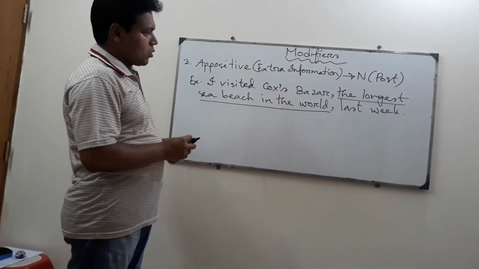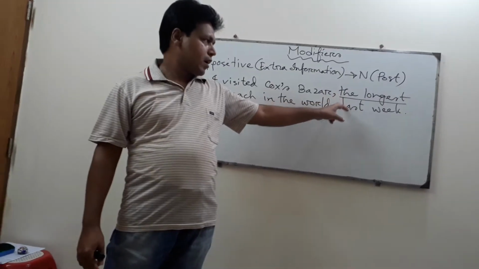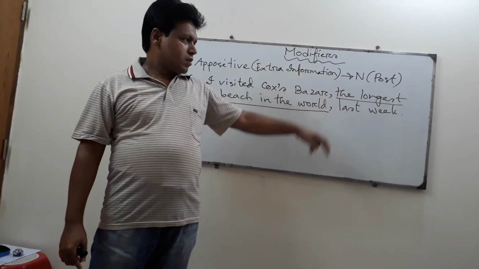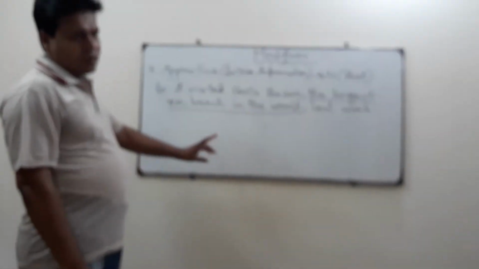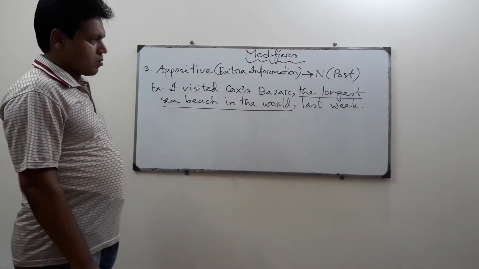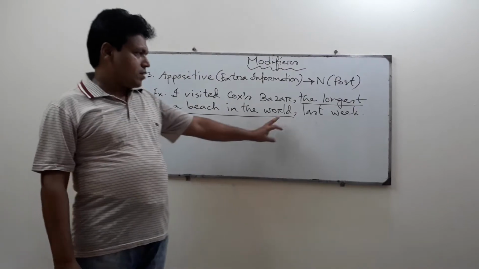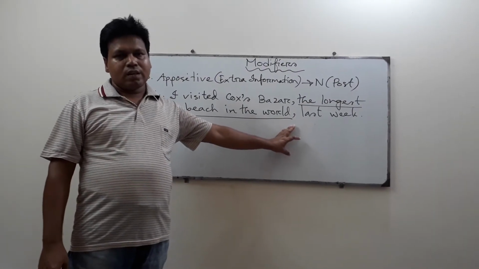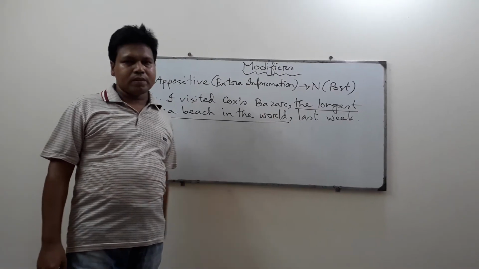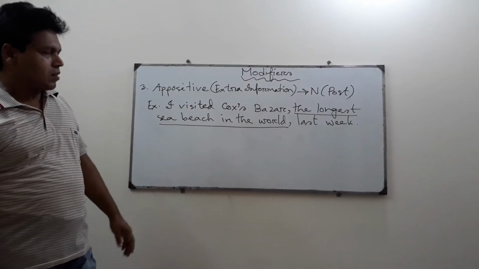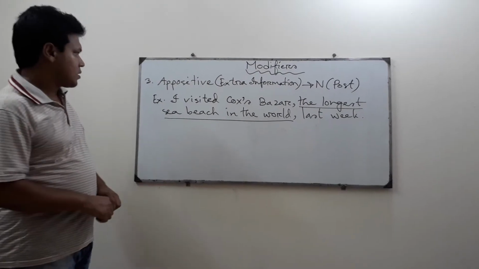Then if it is used towards the end of a sentence, it takes a comma before it and it takes the ending punctuation, that means full stop or question mark or maybe exclamation mark. If it is used in the middle of a sentence, it takes a comma before it and also a comma after it.